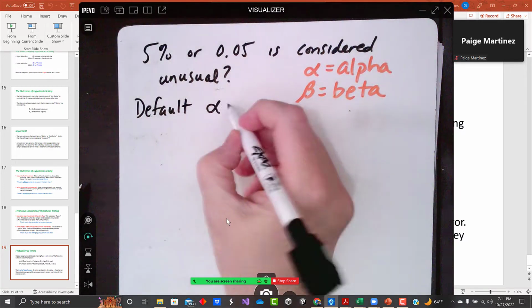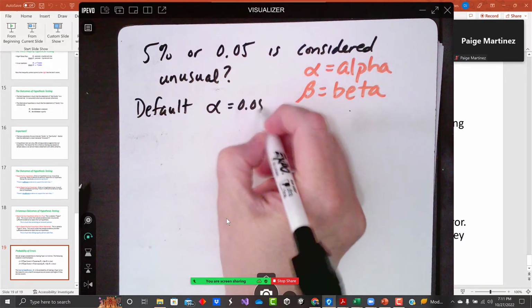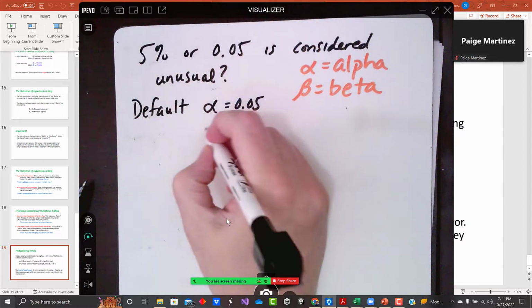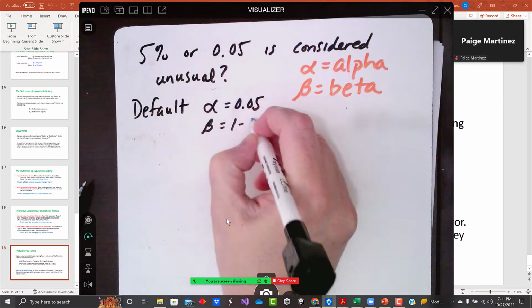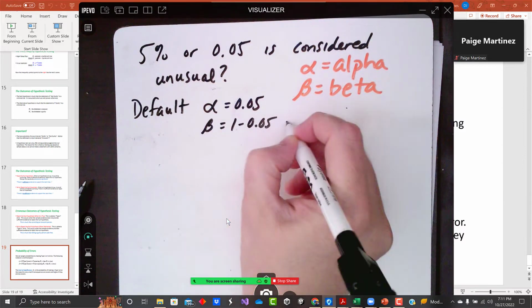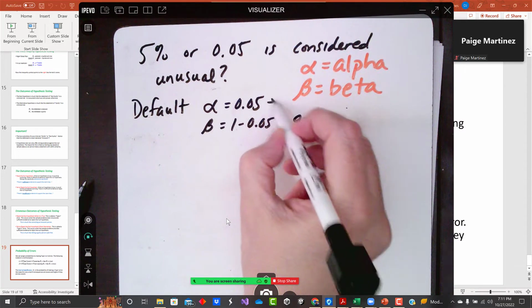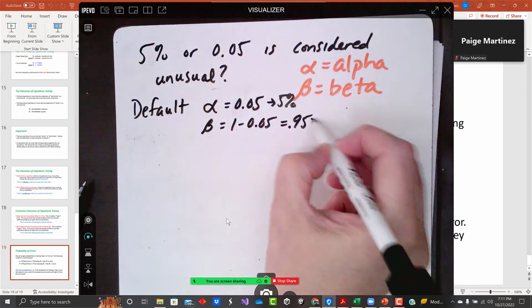The default alpha we use is 0.05, which makes beta 1 minus that, which is 0.95. Or that's 5%, and this is 95%.